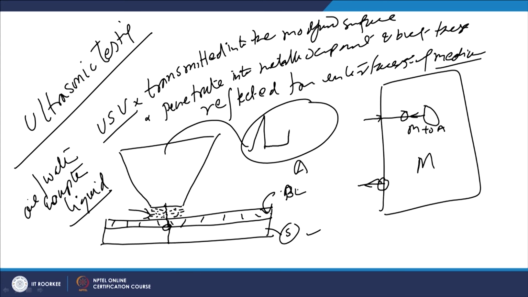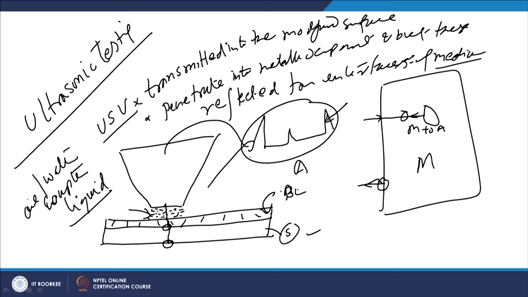So in this case we will get these three peaks. This last peak corresponds to the reflection of the vibrations coming from the bottom surface of the substrate and air interface.